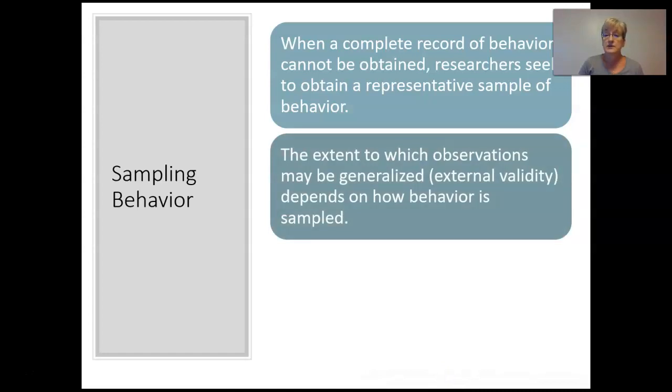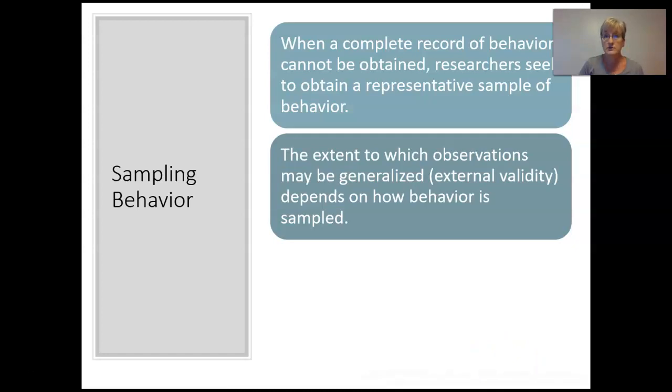Now, as your authors put it, the extent to which observations can be generalized, which refers to a concept you already know, called external validity, depends on how well you've sampled the behaviors themselves.